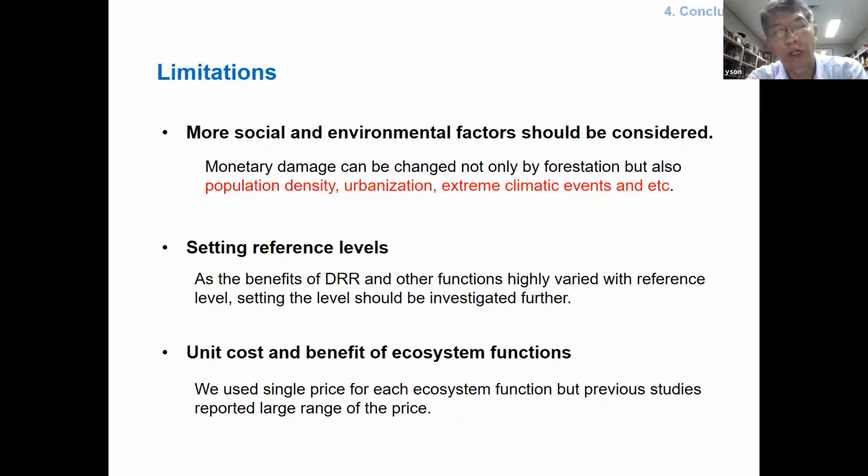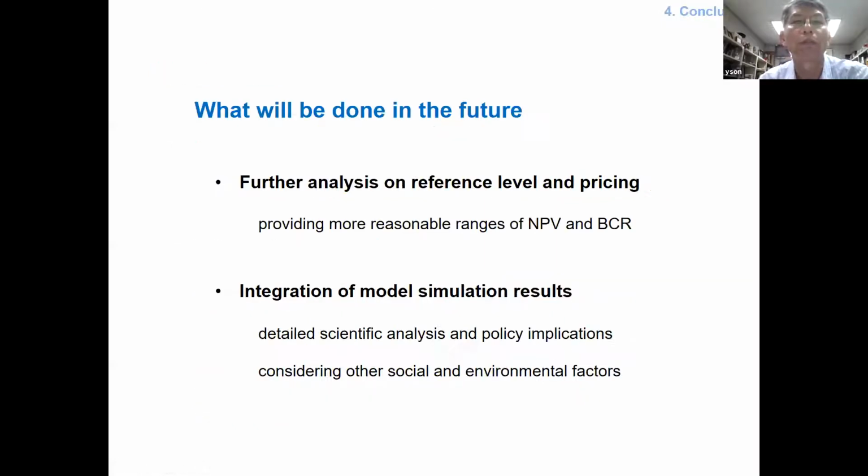So we should consider various unit costs and benefits of ecosystem functions. It is a little bit of a technical limitation, but we should mention those limitations. So for the future, we need to investigate this point more.